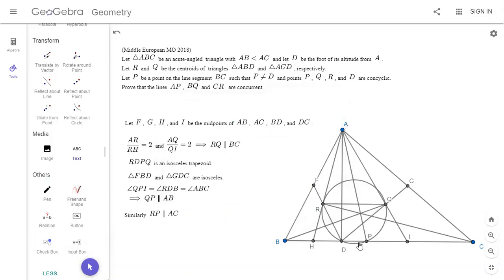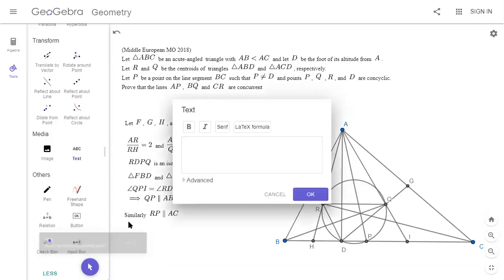So if you look at triangles PQR and ABC, so in triangles PQR and ABC, corresponding sides are parallel and meet at the point at infinity.